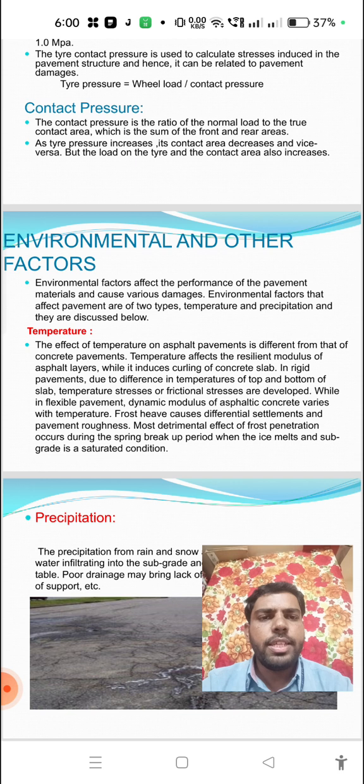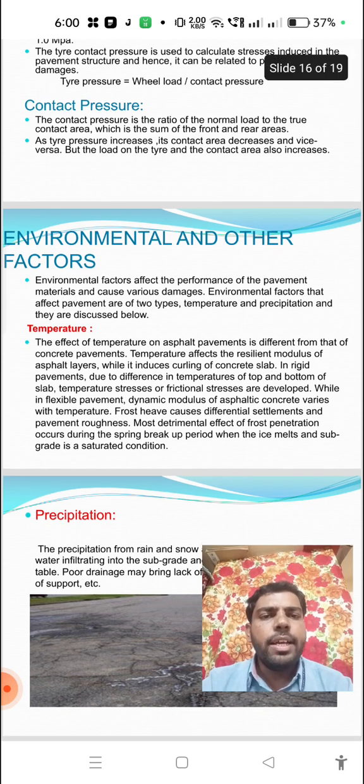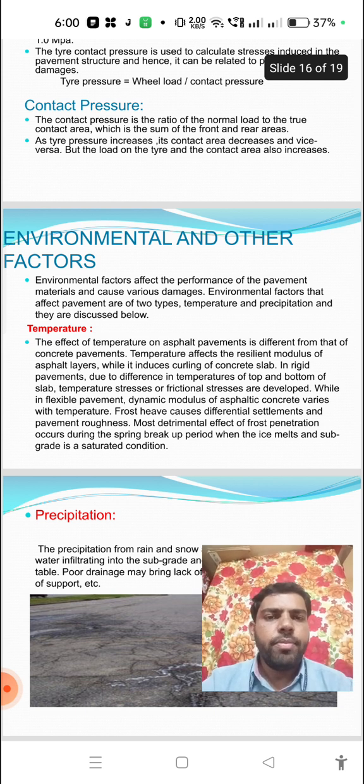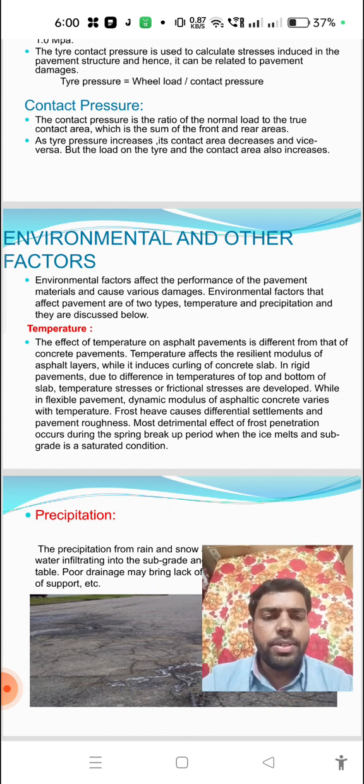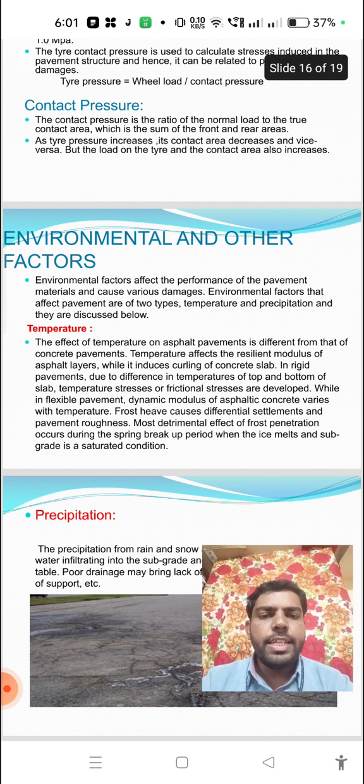Temperature affects the resilient modulus of asphalt layers, while it induces curling action on the concrete slab. In rigid pavements, due to the temperature difference between top and bottom, the stresses change. Compressive stresses change to tensile stresses, and tensile stresses change to compressive stresses. In precipitation, rain and snow also play a very important role.